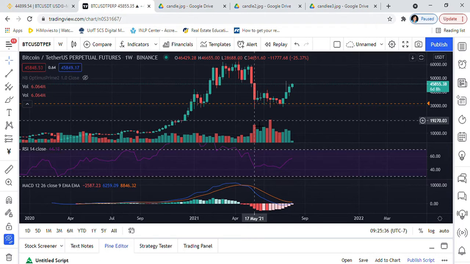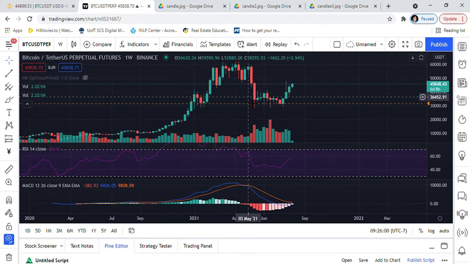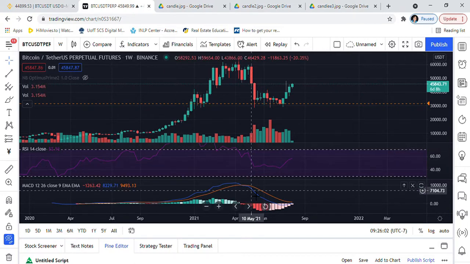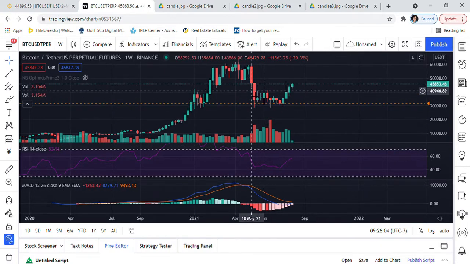In other countries it may start on Monday because of the time zone, but where I am in Canada, I know that the new weekly candle starts on Sunday at 6 p.m. So when you're hovering, you can see at the bottom it's telling you the date. Each of these candles represents 1 week.